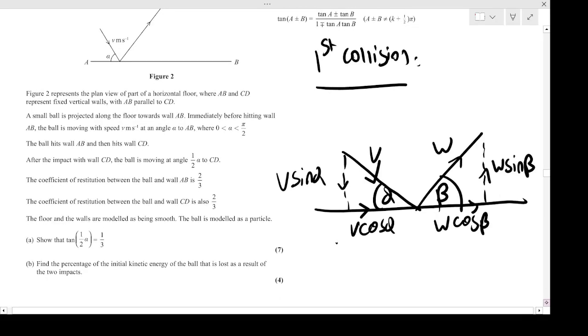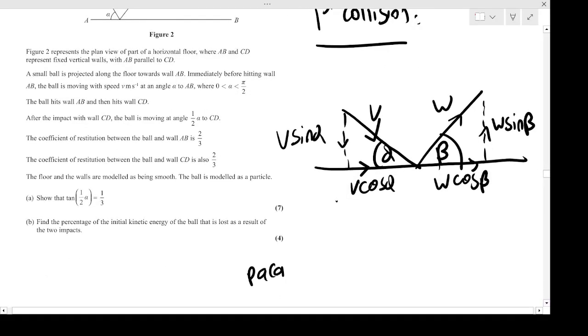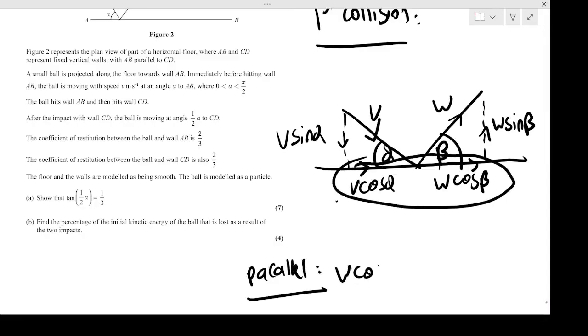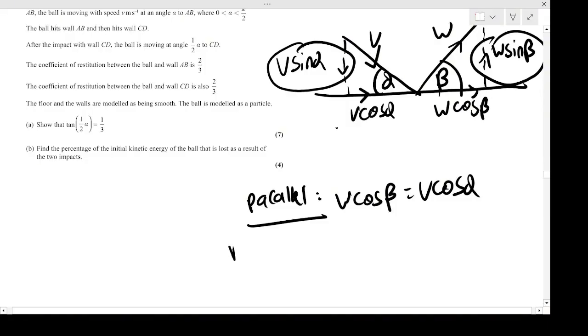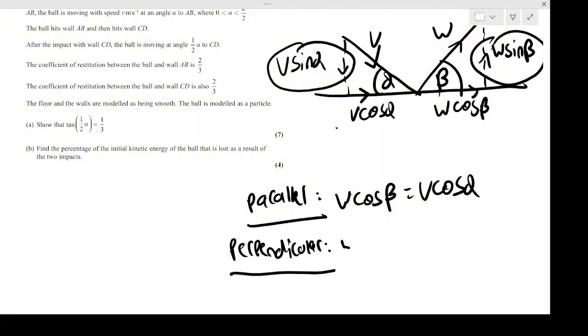If I do my parallel parts, that's w cos beta is v cos alpha. And as for the perpendicular parts, if I do my perpendicular equation, that's w sine beta is e lots of the original v sine alpha.